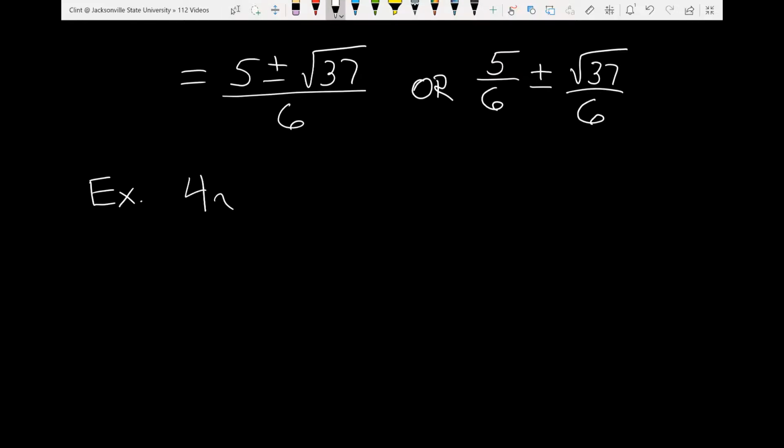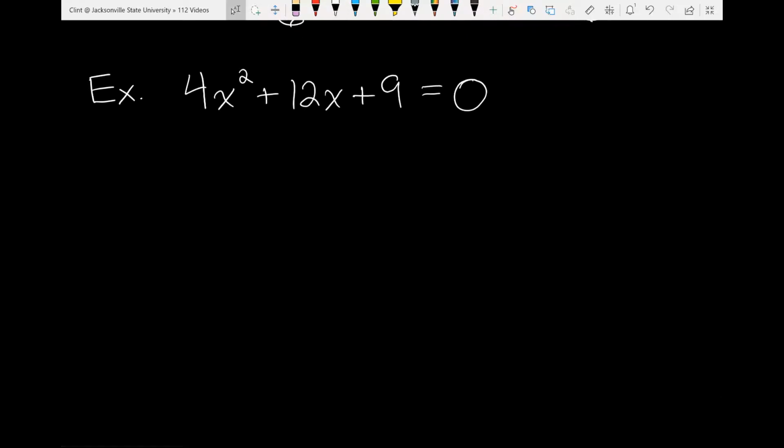Another one, 4x squared plus 12x plus 9 equals 0. Here, c is positive 9, so at least we don't have any negatives in there.